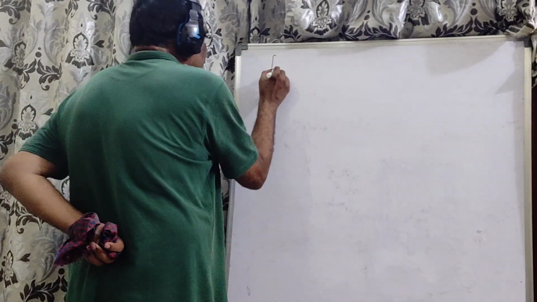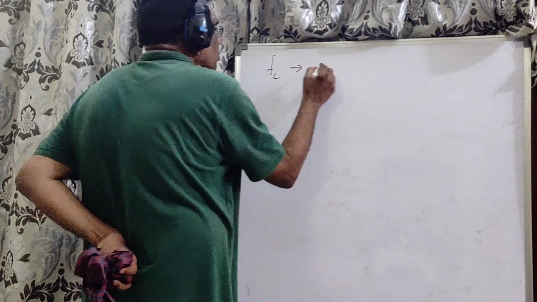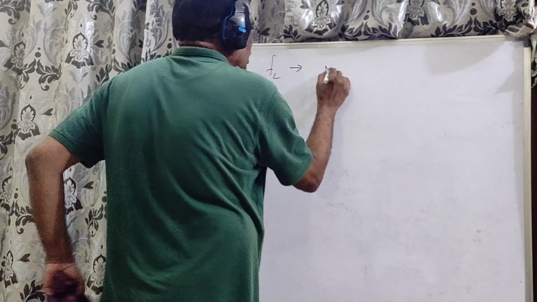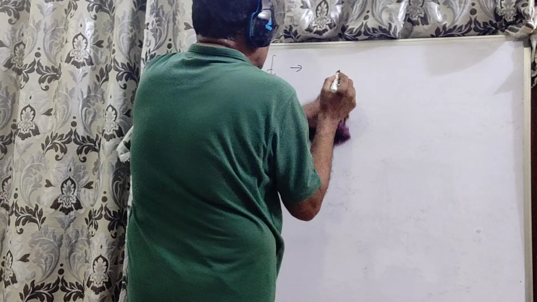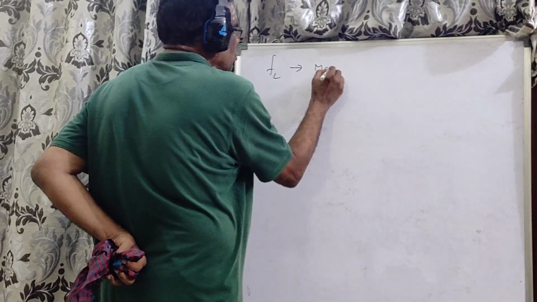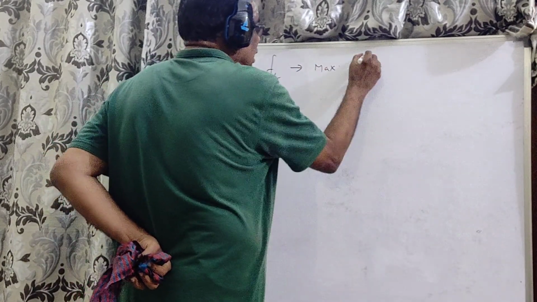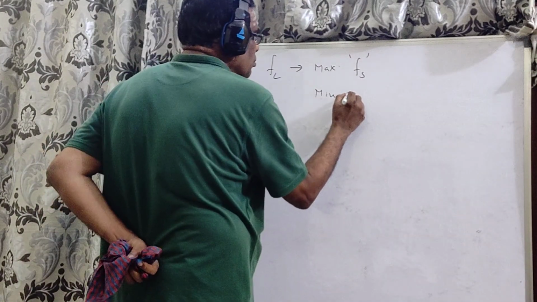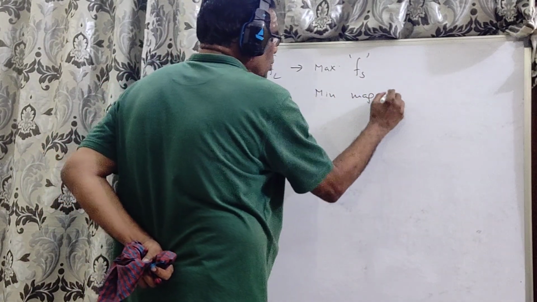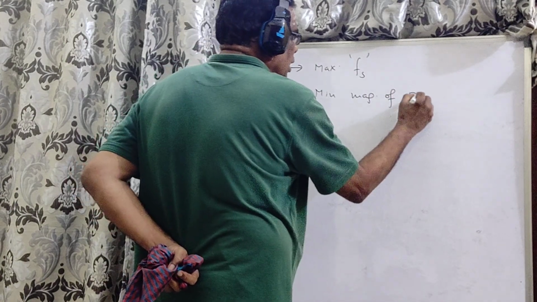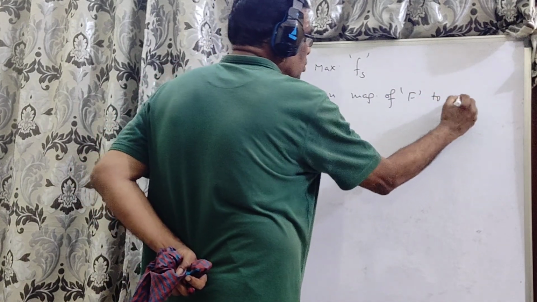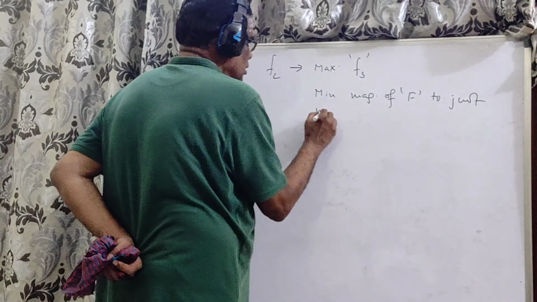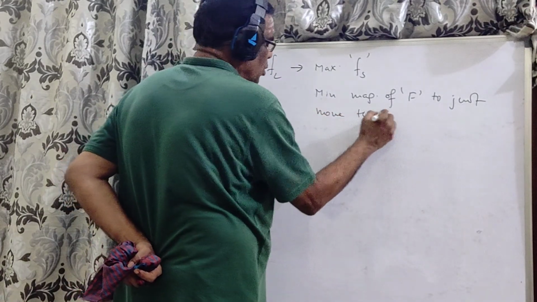How do you interpret Fl? One is the maximum static frictional force, the minimum magnitude of F to just move the body.